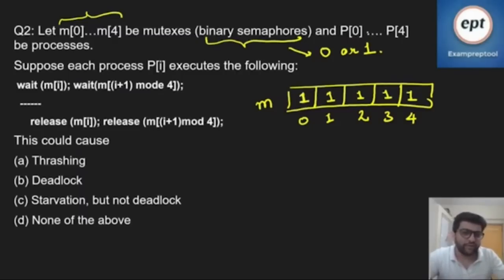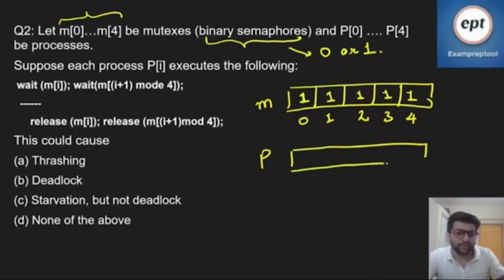And we also have 5 processes, from P0 to P4. Suppose each process Pi executes the following code.